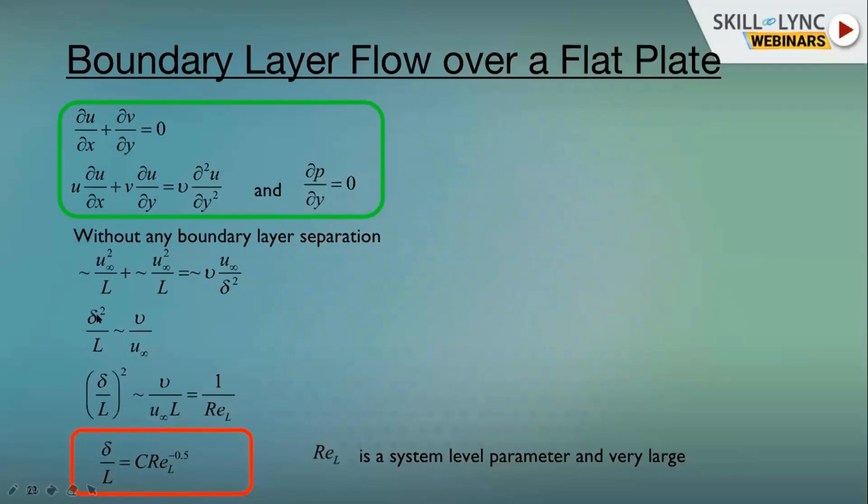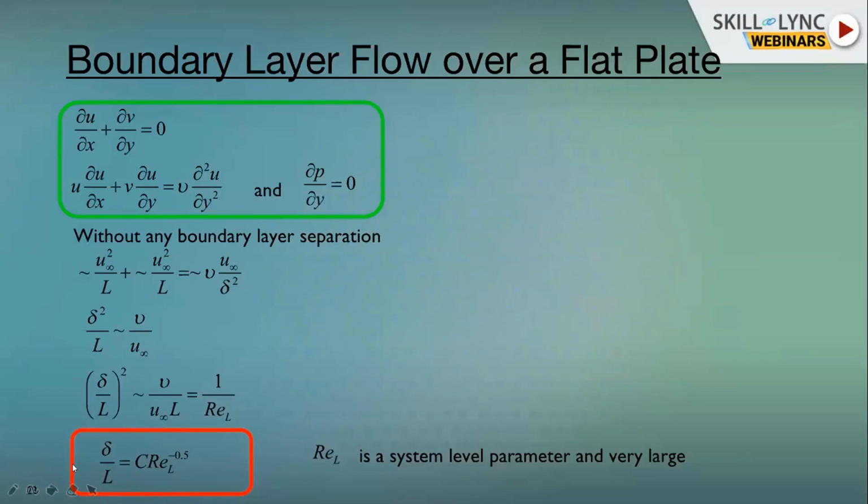So delta square by L is equal to, we'll find, mu by u infinity, after solving this equation algebraically. Then what is our finding from this? We find the thickness delta of the boundary layer at a length L. After simplifying, that is some proportionality constant C times the Reynolds number to the power minus 0.5.